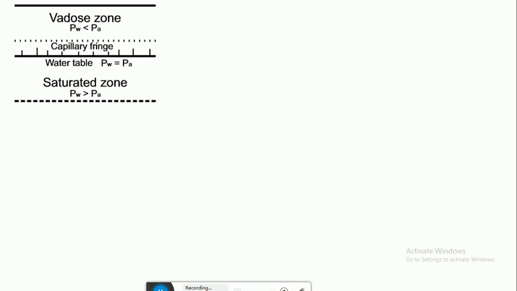The subsurface water can be divided into two parts. First is the vadose zone, that is the unsaturated zone, and second is the saturated zone, which is full of water. The vadose zone is not full of water, that is the unsaturated part. It must also contain moisture content.